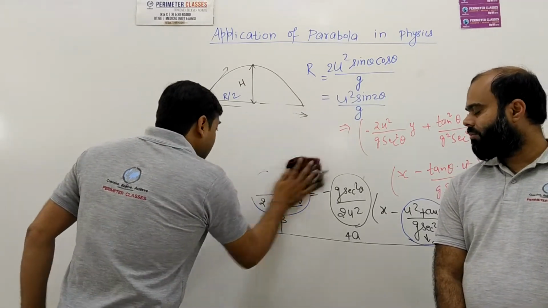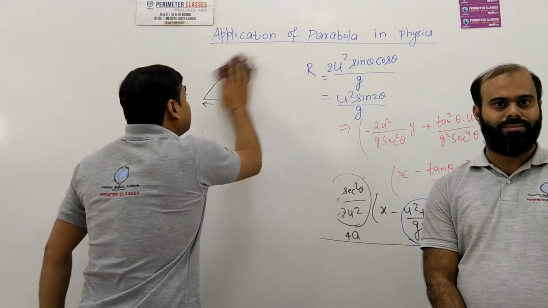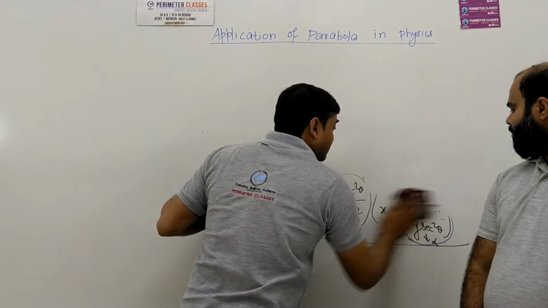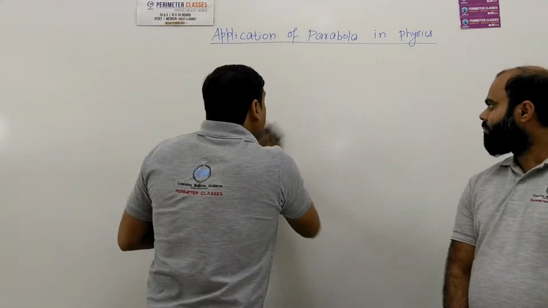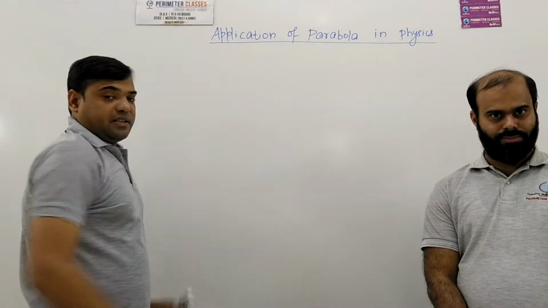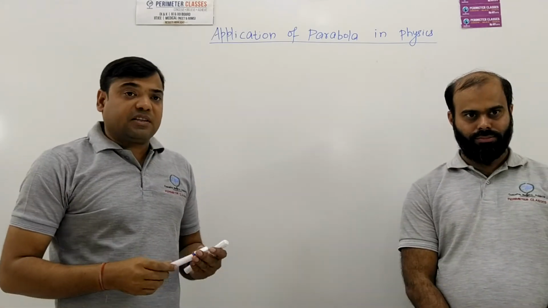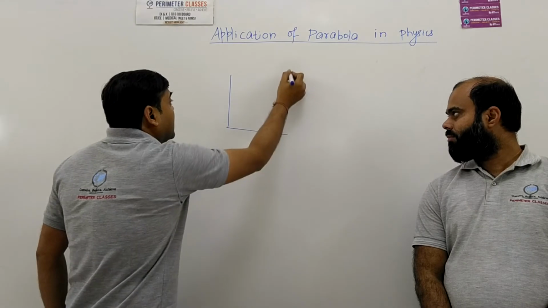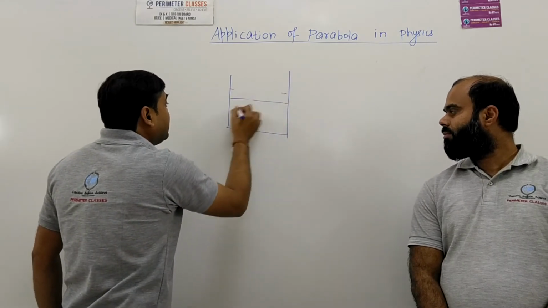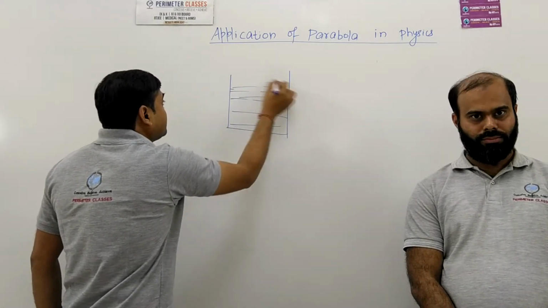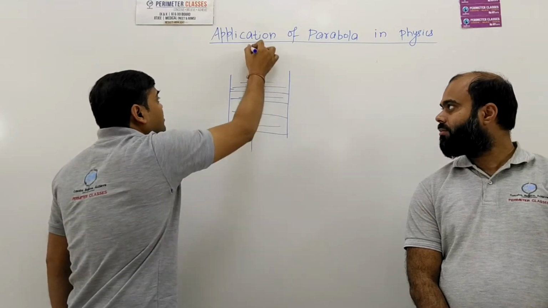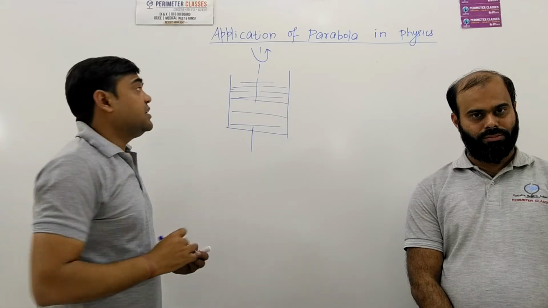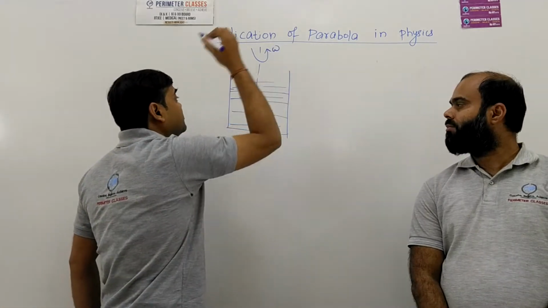Now coming to another important application of parabolic path, I am going to discuss one important case of fluid mechanics. Now what is that concept? Let us say I have a liquid kept in a bucket and I am rotating this bucket with some angular velocity, let us say omega here.